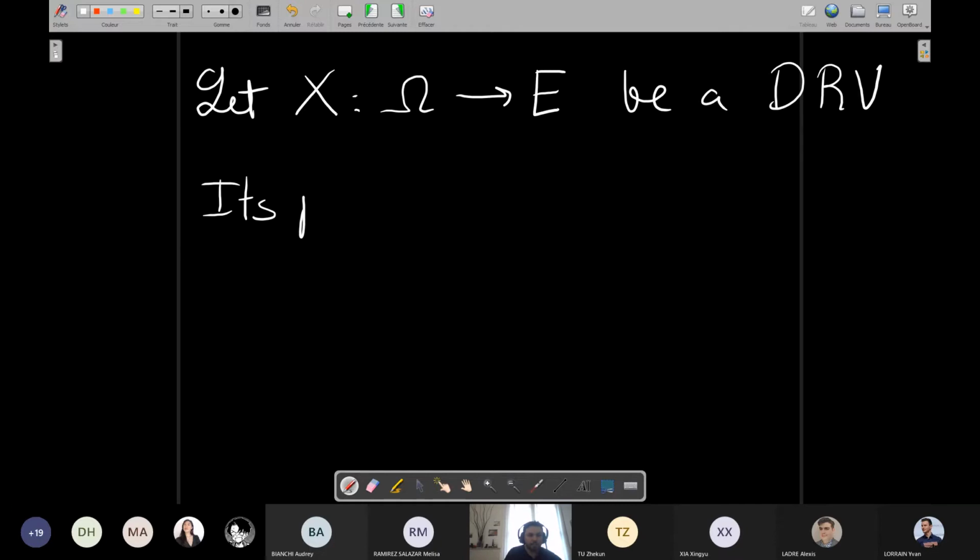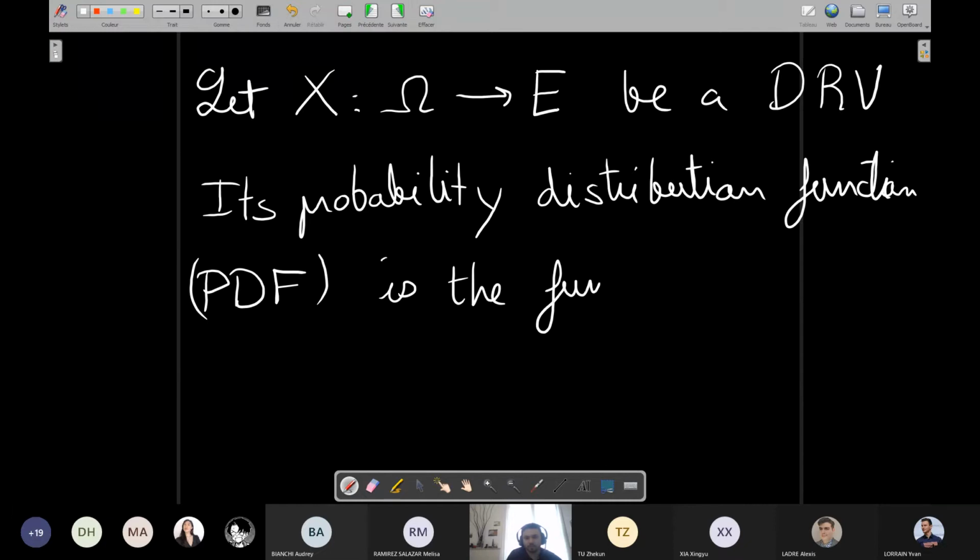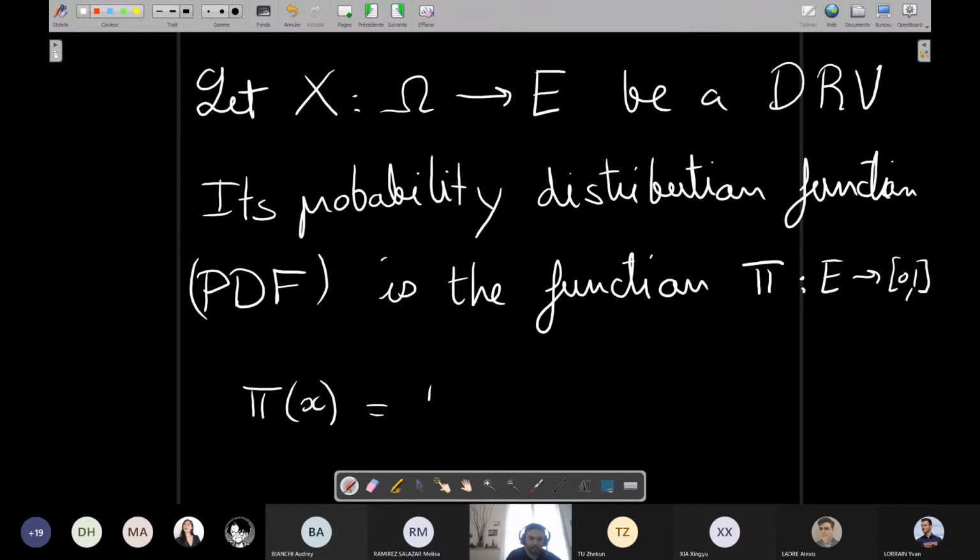Its probability distribution function, in general we call this PDF, is the function pi from E to [0,1], where pi of x is the probability of X taking the value little x for any x in E.